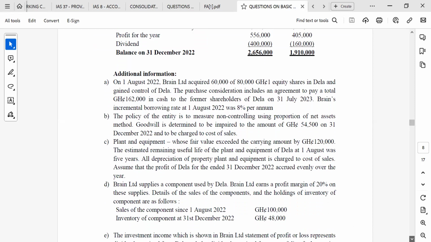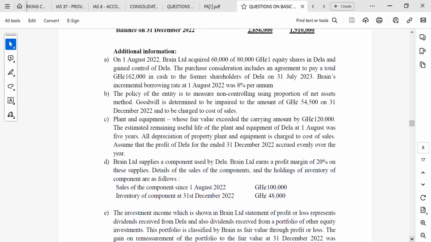Let's come to D. Brain Limited supplies a component used by Della. Brain Limited earns a profit margin of 20% on the supplies.